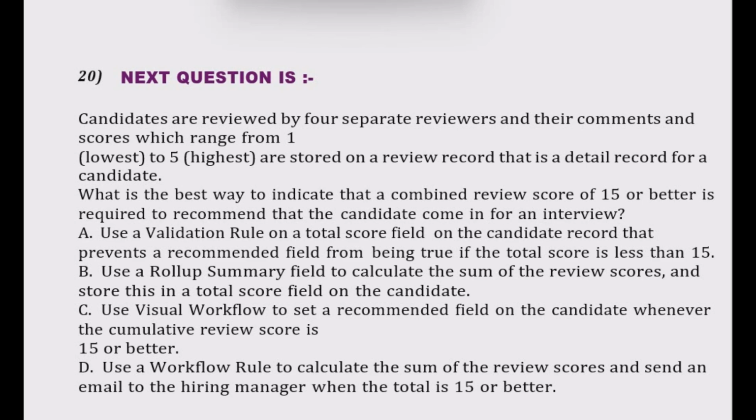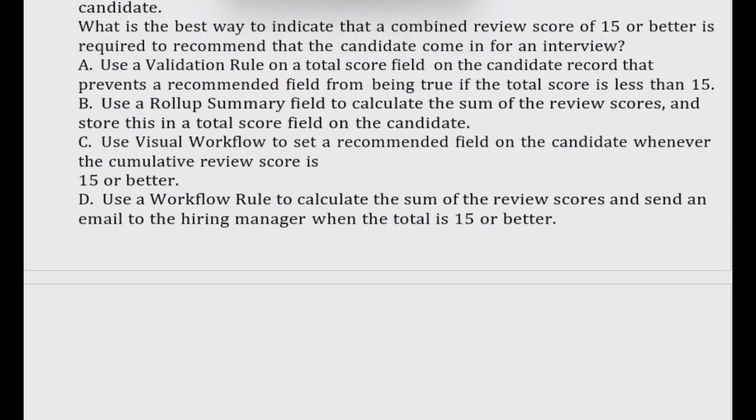Option C, use visual workflow to set a recommended field on the candidate whenever the cumulative review score is 15 or better. Option D, use a workflow rule to calculate the sum of the review scores and send an email to the hiring manager when the total is 15 or better. Correct answer is option D.